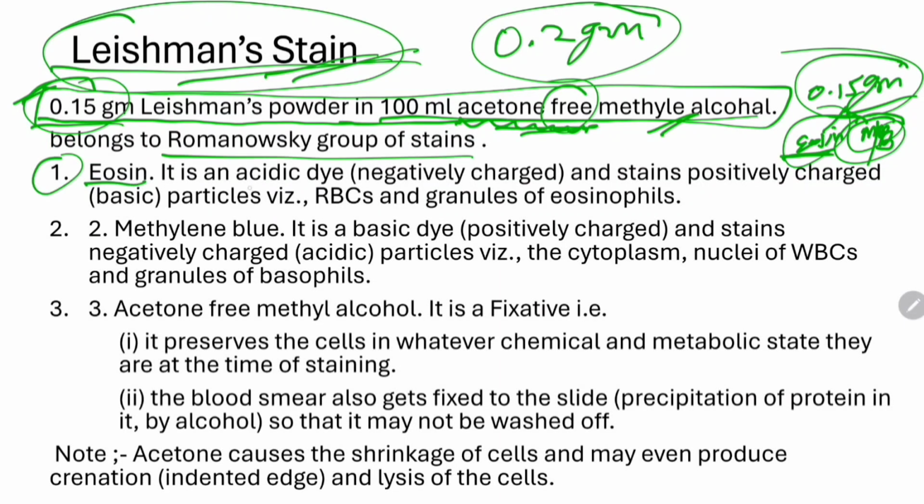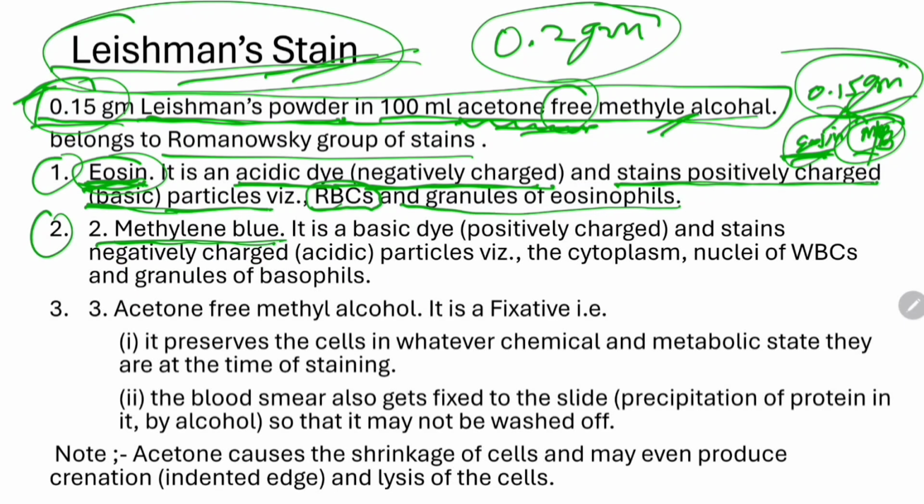So eosin is an acidic dye. This acidic dye is negatively charged, and it stains the positively charged basic part inside the cell, that is the RBCs and granules of eosinophils. The next thing is methylene blue, the second part of this Leishman stain.